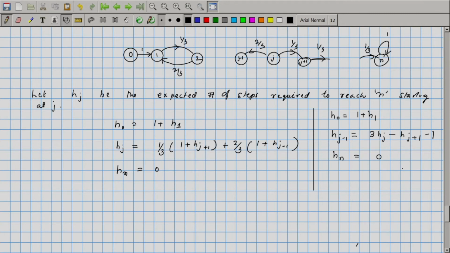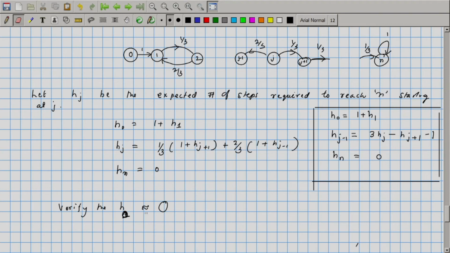So, this is a linear recurrence system, we can solve it and one can show that h n is approximately h 1, okay, starting at 0 or starting at 1, how much time would we take. So, we can verify that h 0 is equal to O of 2 raised to n. Okay. We can show that it is going to take this much. It is theta of 2 raised to n. So, you can show that this recurrence solves to something like this.